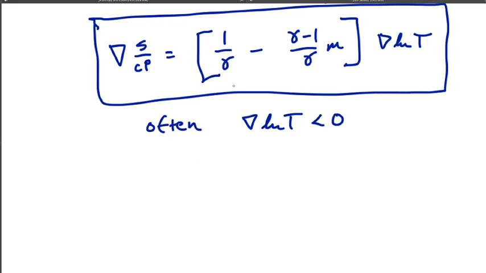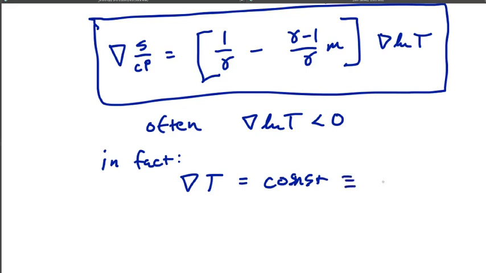But generally, things are hot deep in and cold outside because space is cold, and so the temperature decreases. What that means is that whether grad S is a positive or negative quantity really depends on this. In fact, usually grad T in a polytrope is a constant, and we often define it to be non-dimensional minus 1, which means that grad log T is something like minus 1 over T in non-dimensional form.